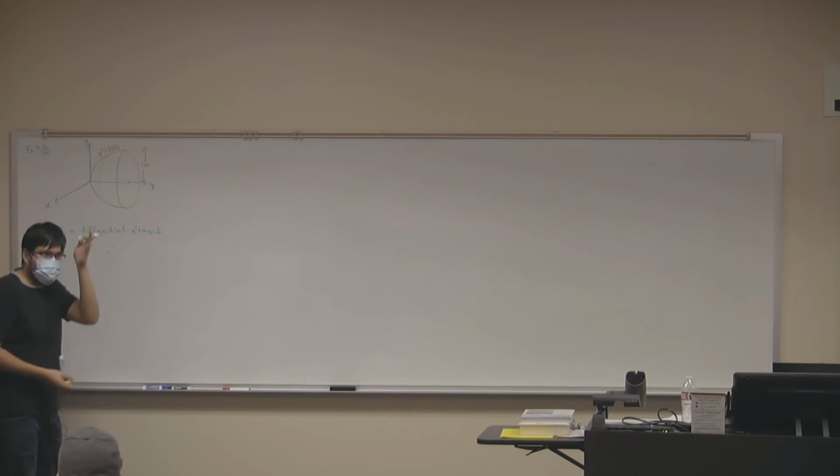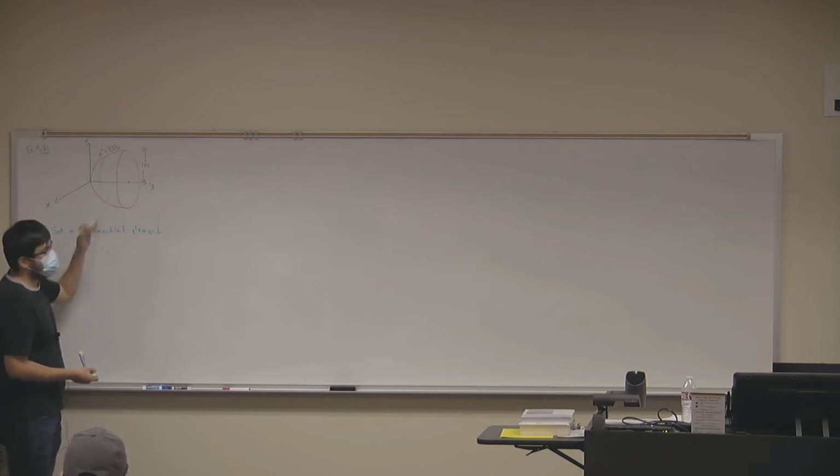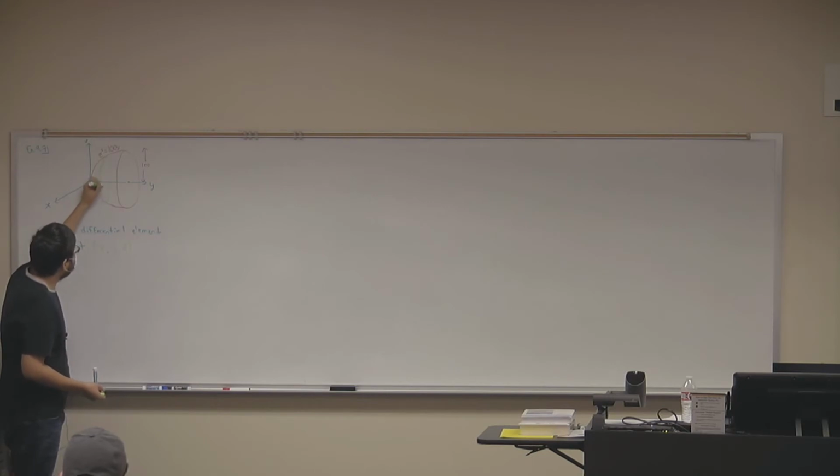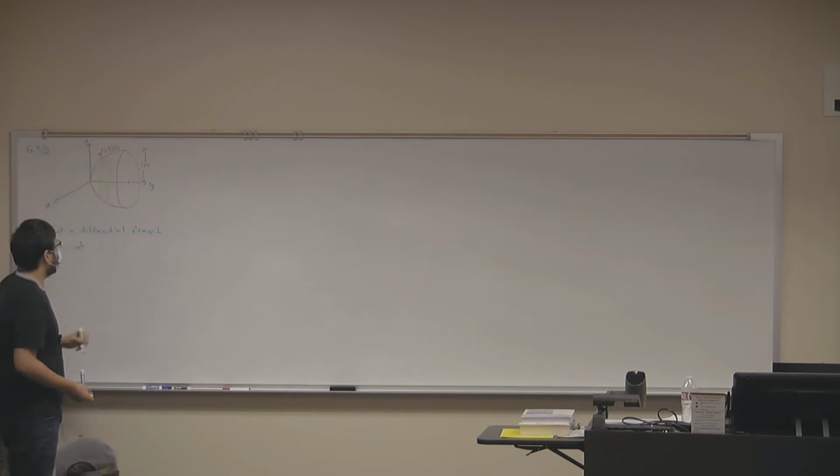It's like a tiny little circular plate along this paraboloid. Imagine this to be circular. So a little circular plate with a tiny, tiny volume dV. So here's my element, tiny volume dV.